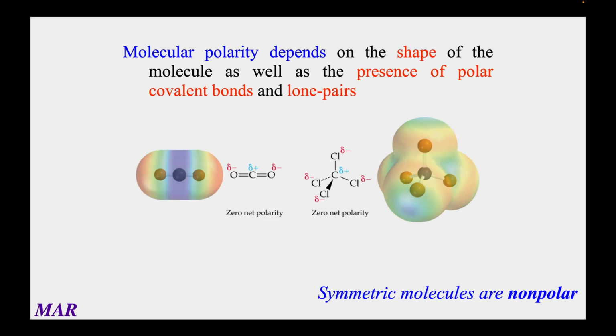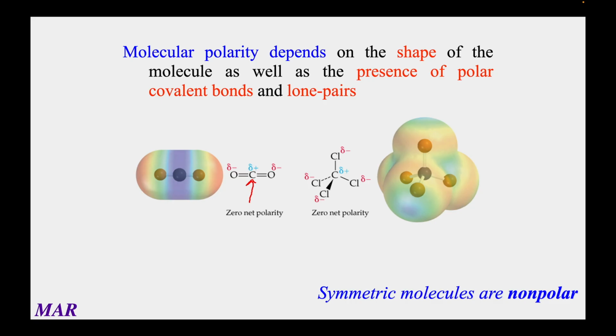Here's some examples of molecules which are symmetric. And again, symmetry in this case means that everything around the central atom is the same. So there's carbon in the middle of CO2, and oxygen pulls super hard. It's number 2 on the electronegativity scale, only second to fluorine. So that means oxygen is just ripping electron density away from the carbon.